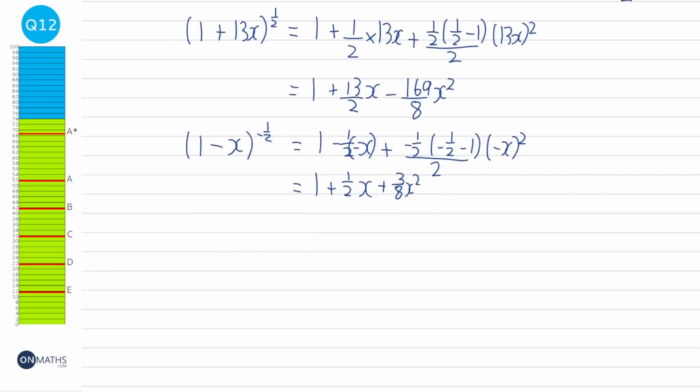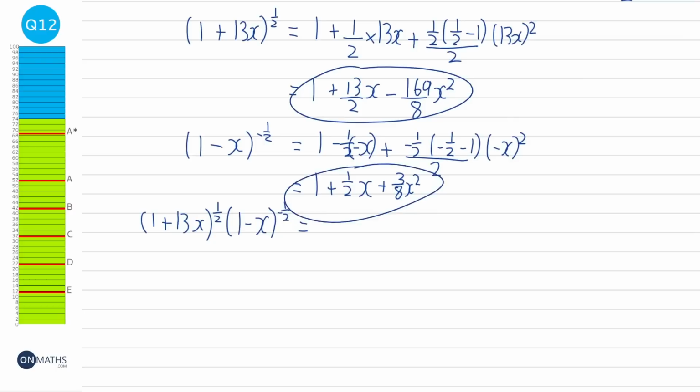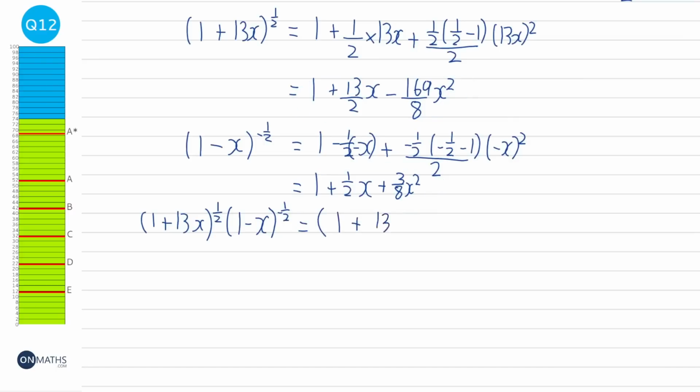Okay, so we've got our two brackets, and we're going to multiply them together, because obviously, as we showed at the start, our expression is this. So we're going to grab this, and we're going to grab this, and we're going to multiply them together. So brackets 1 plus 13 over 2 x minus 169 over 8 x squared.